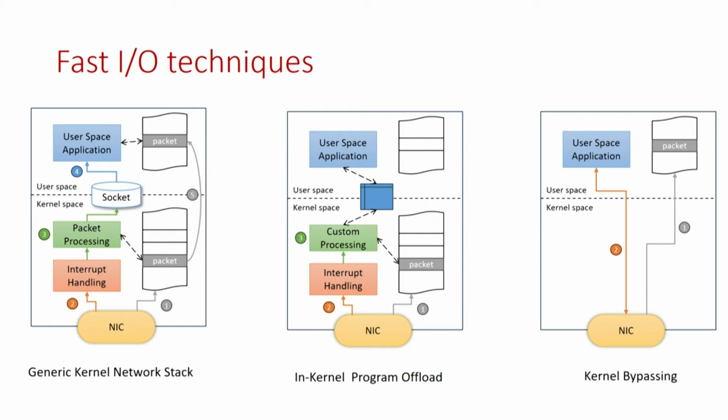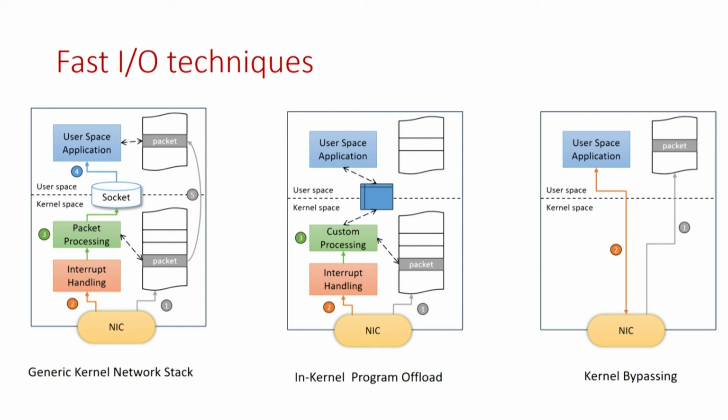So the application somehow communicates something to the kernel in an efficient manner, and the kernel handles the packet at this level itself, so that you're avoiding all of these packet copies.